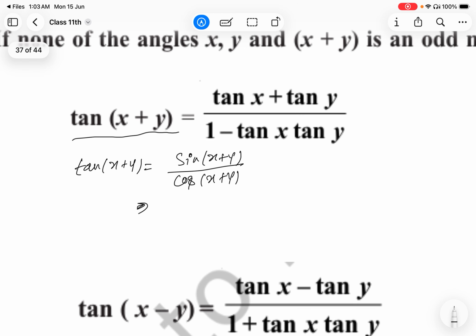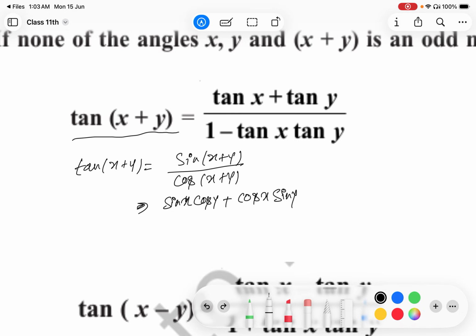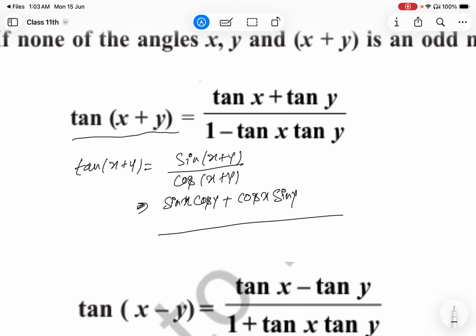And we can write this as sin x cos y plus cos x sin y, divided by cos x cos y minus sin x sin y.